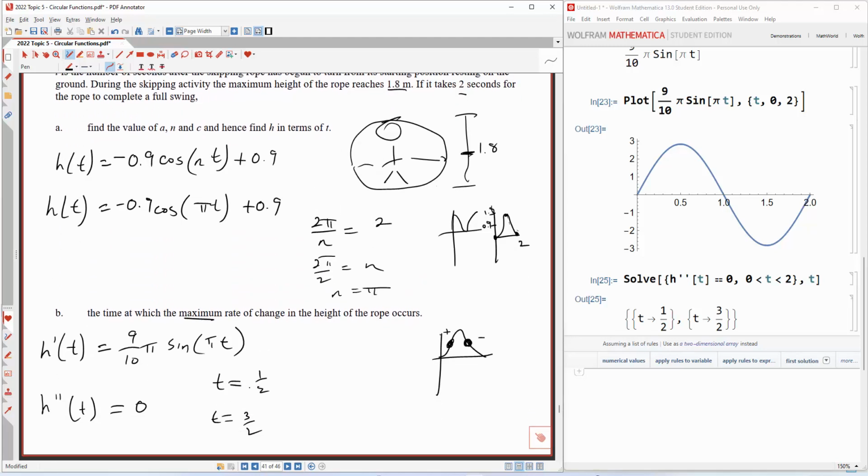So what we might have to assume, unfortunately, is that this is a general solution. The first time it's going to be t equals a half, and then it's going to be every plus 2 after that. It's going to be exactly the same. So we're going to put a plus 2n, where 2 is the period, and same with this solution here. We're going to have a plus 2n on this, where n is an element of, we'll say, Z. We'll only take the positive ones, because we can't go back in time.